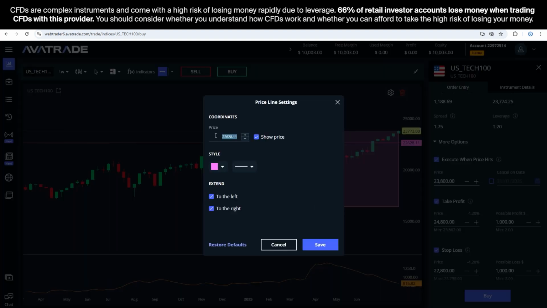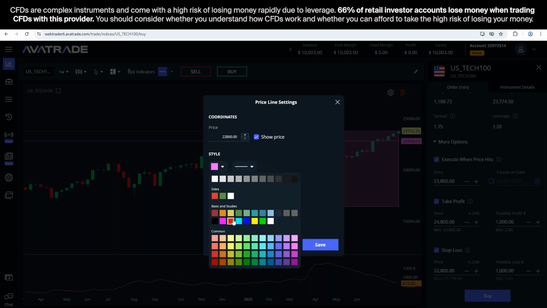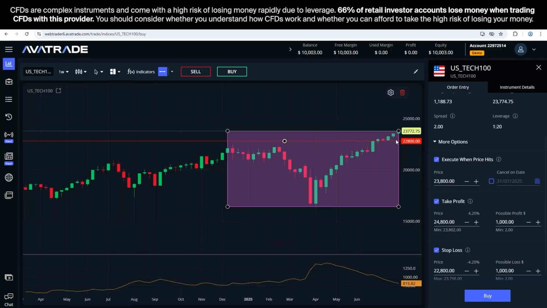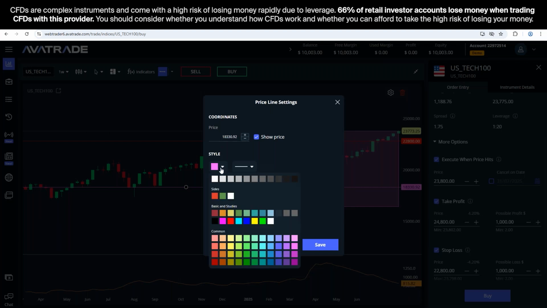So the stop loss that we thought about was 22,800. We'll paint it in this red line, and we'll have the worst case. We'll paint it in blue or turquoise.